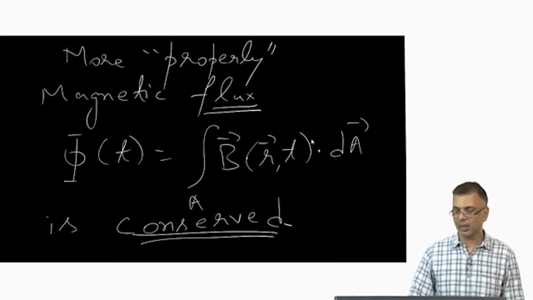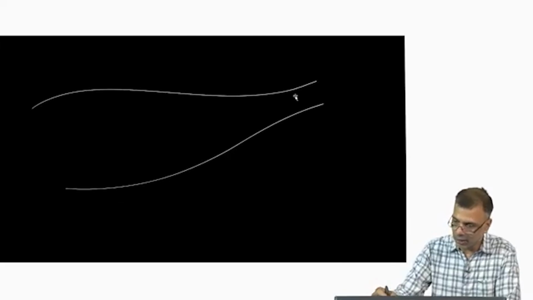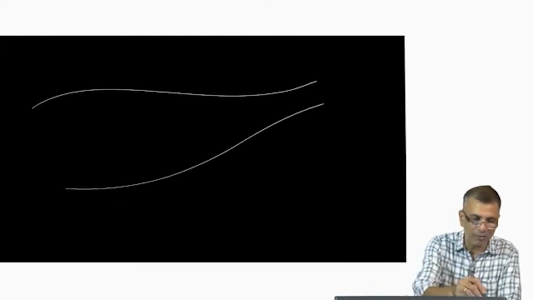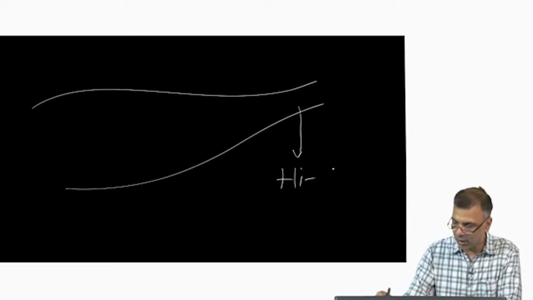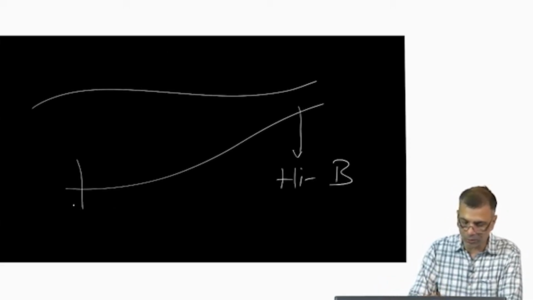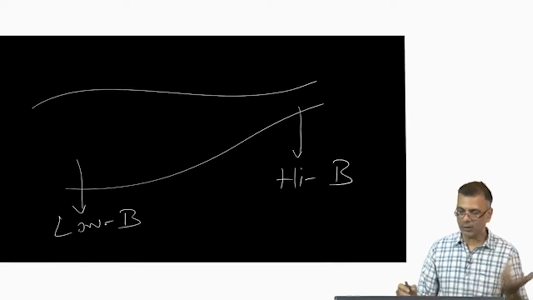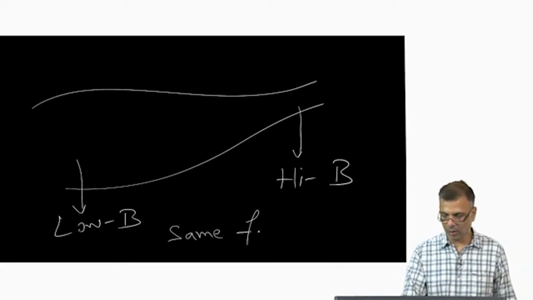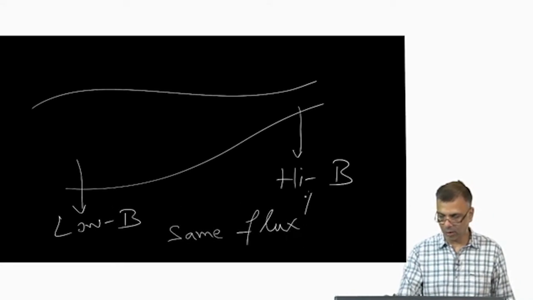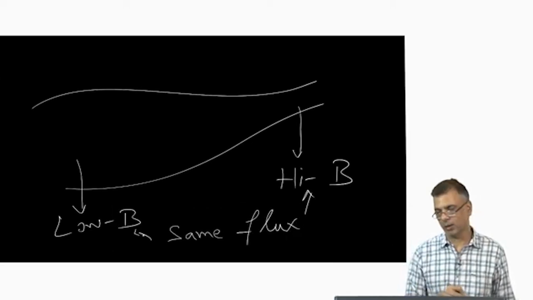Therefore, if the flux has to be the same as what it was out here, it follows that the magnetic field itself out here is high B, relatively speaking, and this would be low B. Why? Because same flux here and here.